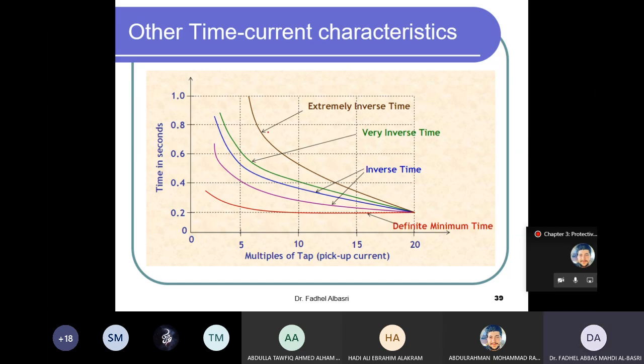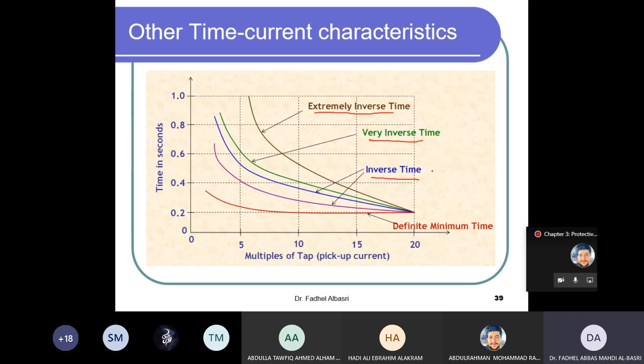And now IEEE has defined different standard curves. We have extremely inverse, very inverse, and inverse characteristics, each with a different slope. The extremely inverse has a sharper slope, and the inverse has a flatter slope. Each of these relay characteristics has an equation.